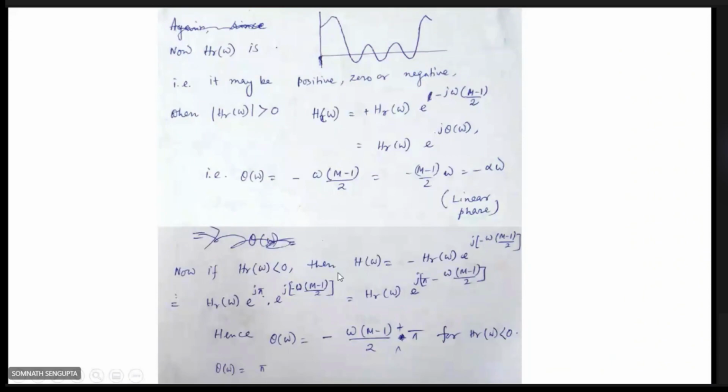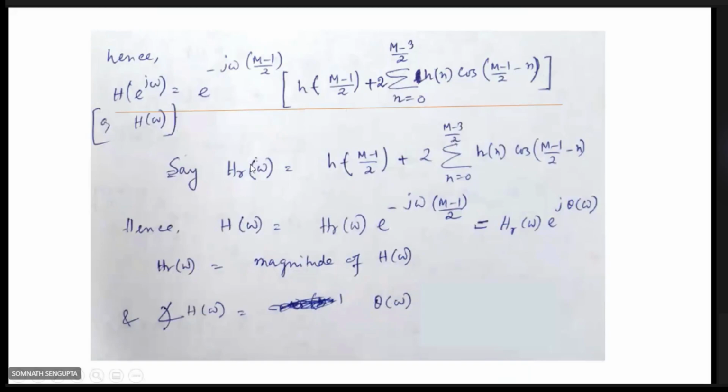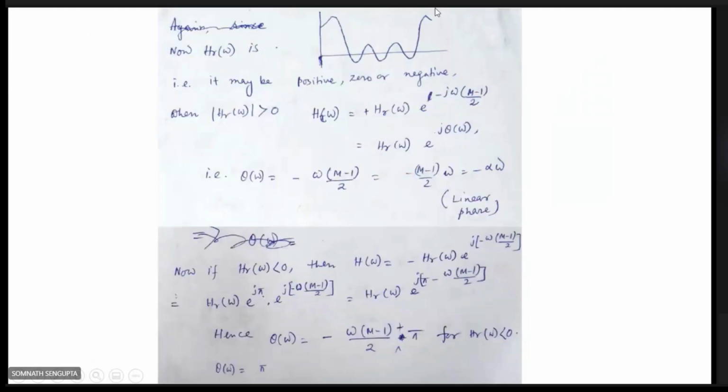Now this Hr omega is actually the magnitude part or real part. Okay. This is this part only. Hr omega is this. If you plot this, it comes to be this kind of graph.